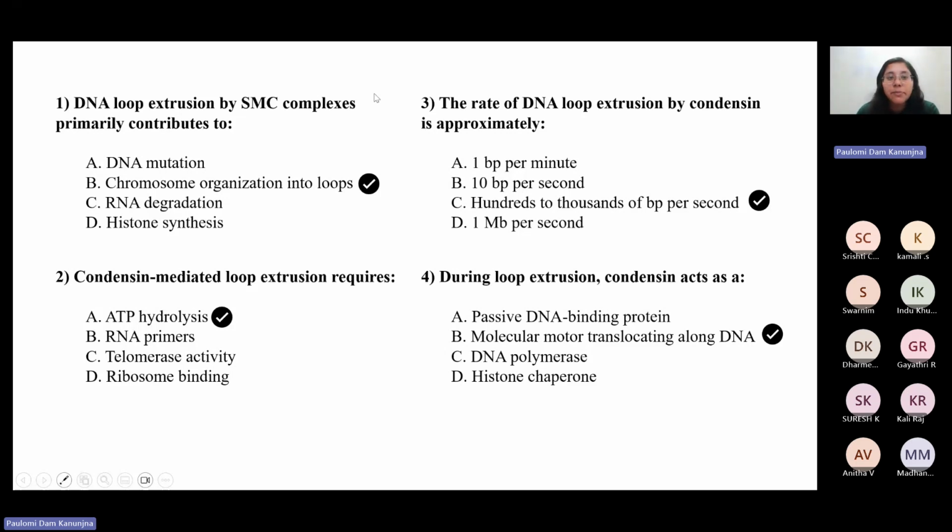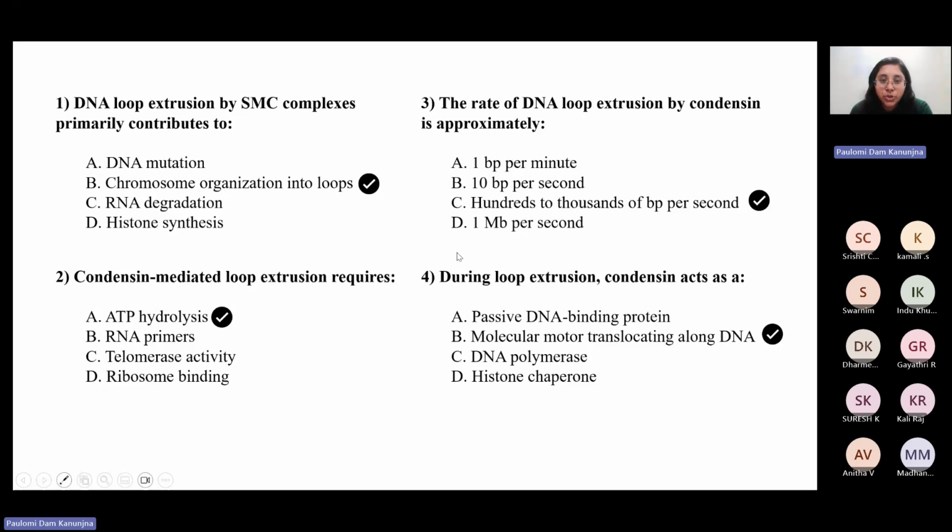Next one, condensin mediated loop extrusion. It requires ATP hydrolysis because all of these SMC proteins have this ATPase head. Now this one, the rate of DNA loop extrusion, I did not mention, but I mentioned in passing. This is hundreds to thousands of base pairs per second, so condensin does it at this rate.